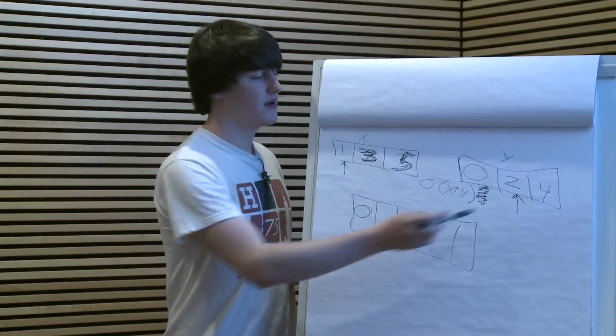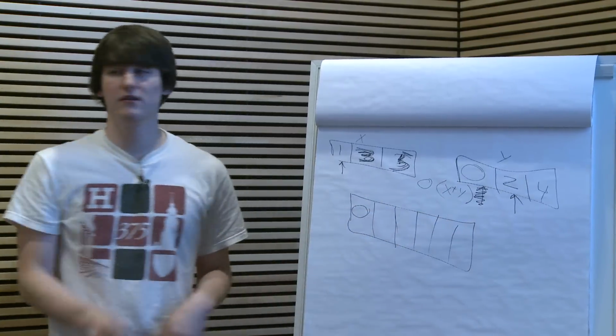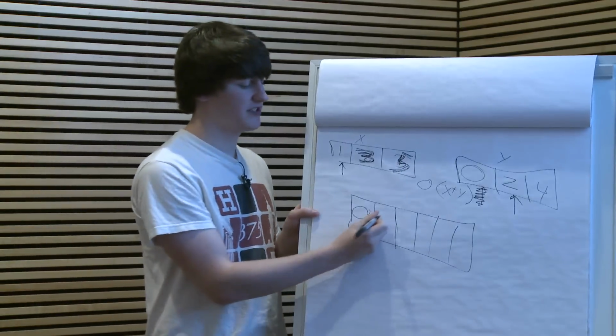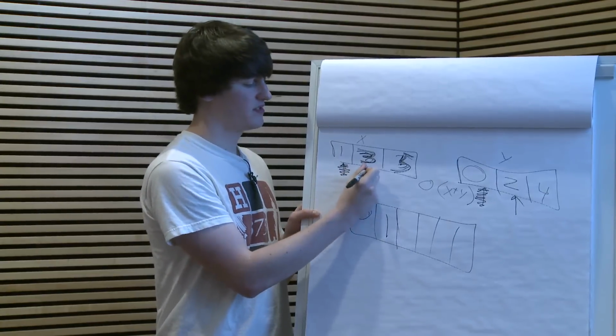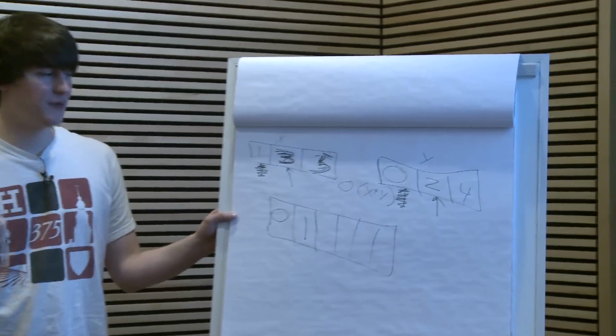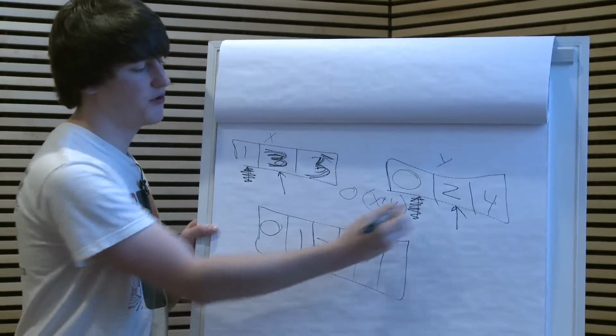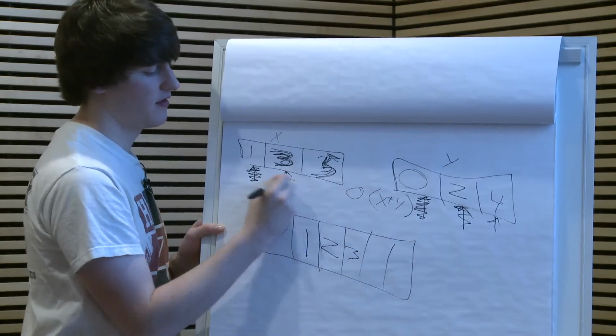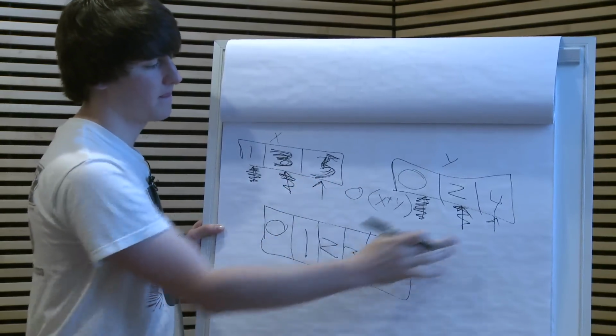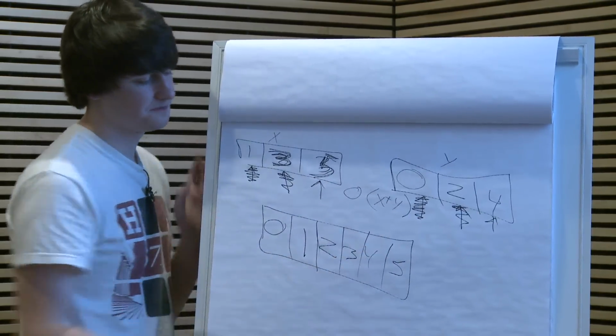Now we compare 2 and 1. 1 is smaller, so we insert 1 and update this pointer to point to this element. Now we do it again. We compare 2 and the next one, then 3, this updates, then 4 and 5.